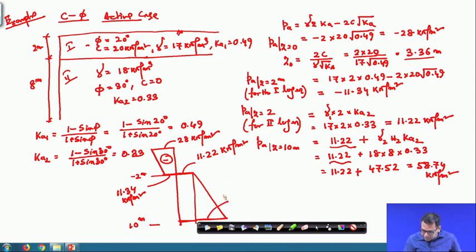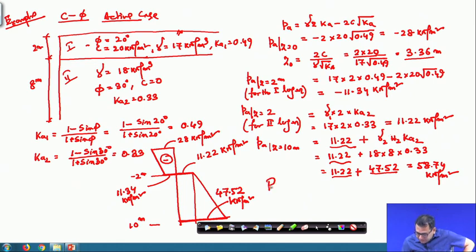So, this one is 47.52 kilonewton per meter square. Okay. So, because this is for the rectangle, this is for the triangle. So, 11.22 is already there. So, the total one, this one is 58.74. Okay. So, you can calculate in this way.